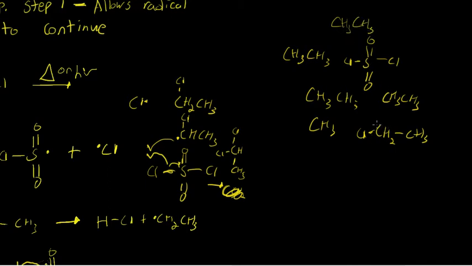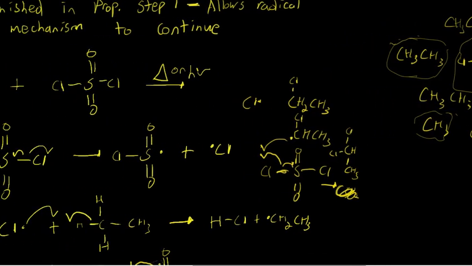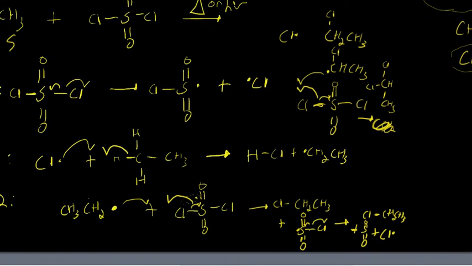that di-substitution, so this sulfonyl chloride reacting with a chloroethane, is unlikely relative to it reacting with a regular ethane. So using an excess of alkane is one way to avoid polysubstitution products, because remember, this is a radical chain mechanism.